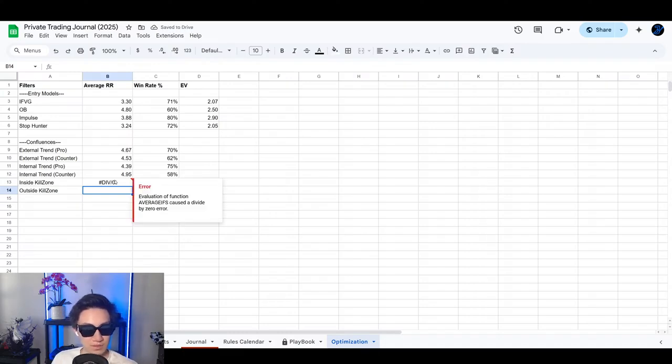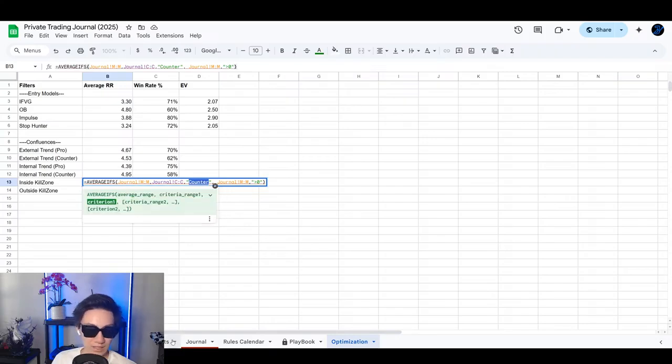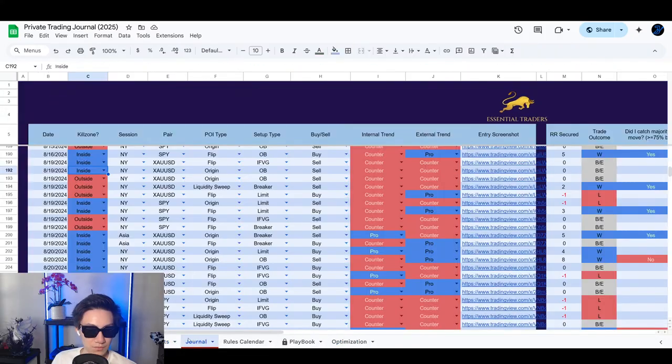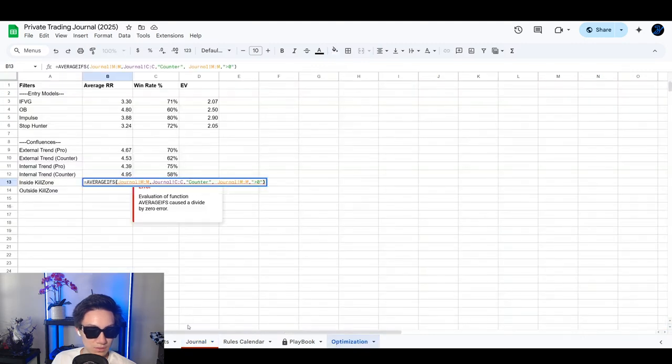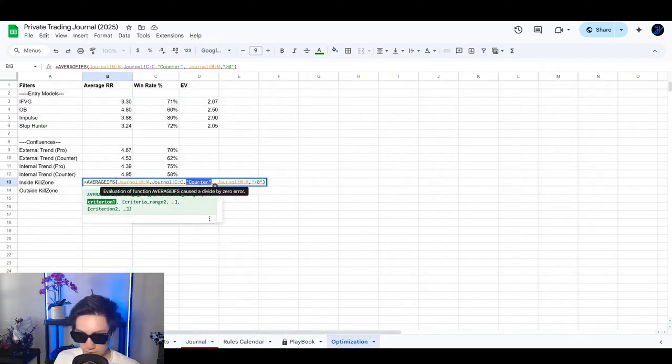Evaluation of function average caused the divide by 0 error. That means it's not collecting or looking at any of the data here. But if we have inside and outside here, it should collect it. It's also not case sensitive, so this should not matter.